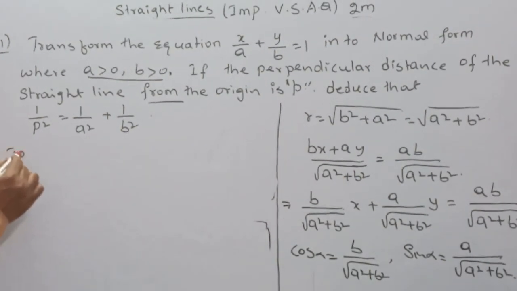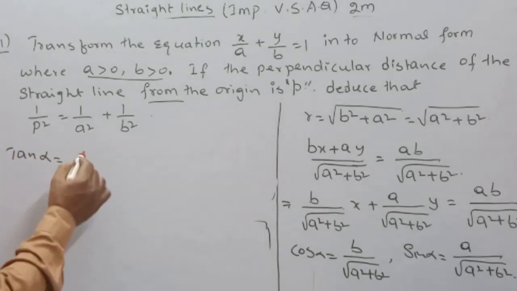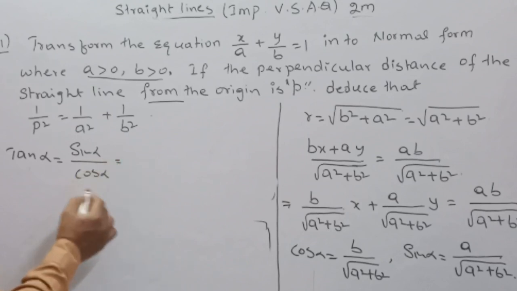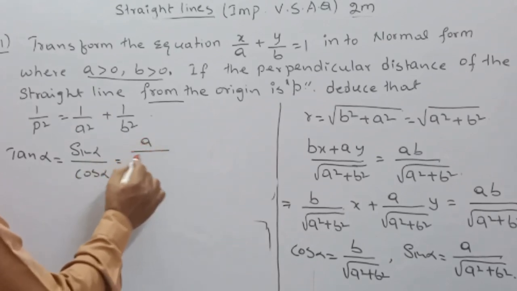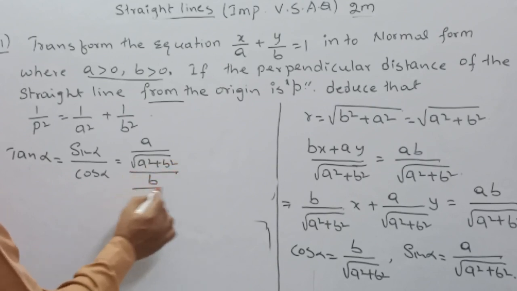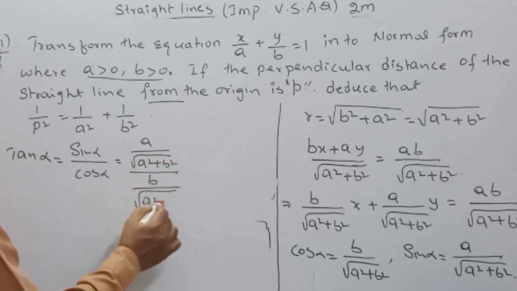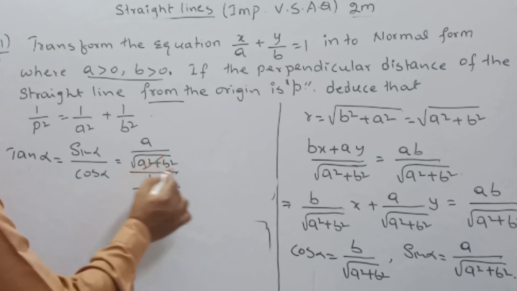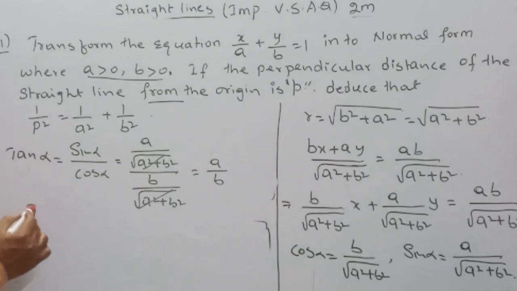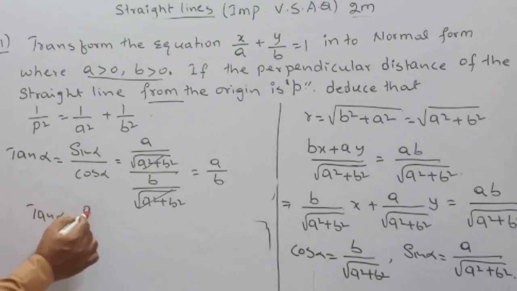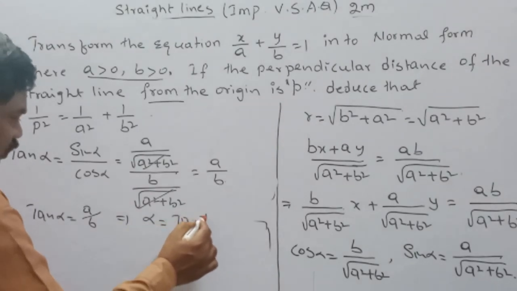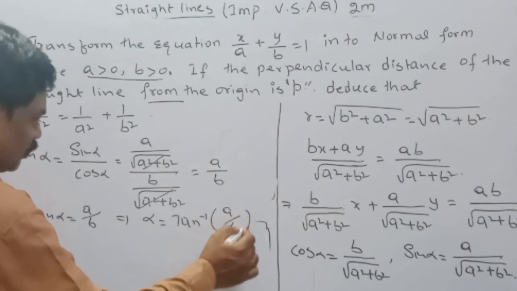Tan alpha is equal to sin alpha by cos alpha, which is a by root over a square plus b square by b by root over a square plus b square. This cancels, so this is a by b. Tan alpha is equal to a by b, which implies alpha is equal to tan inverse of a by b.